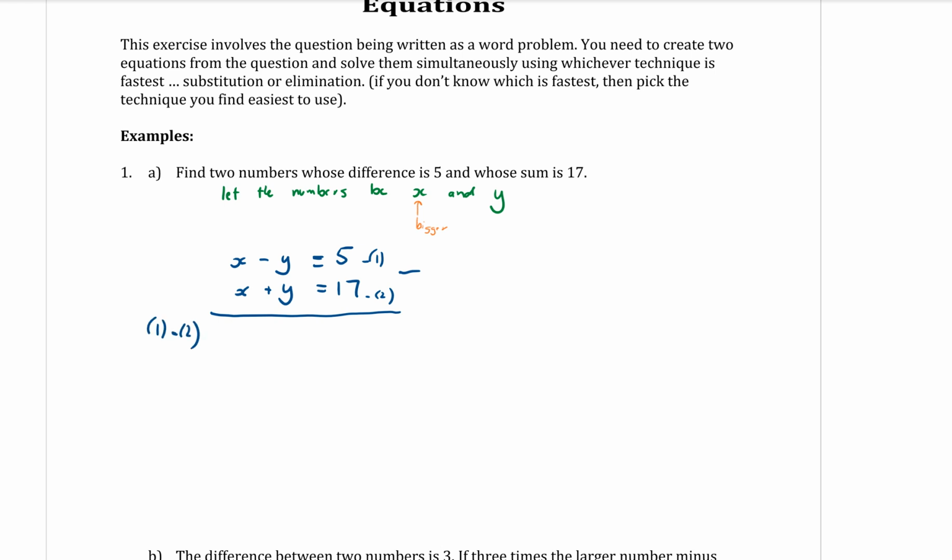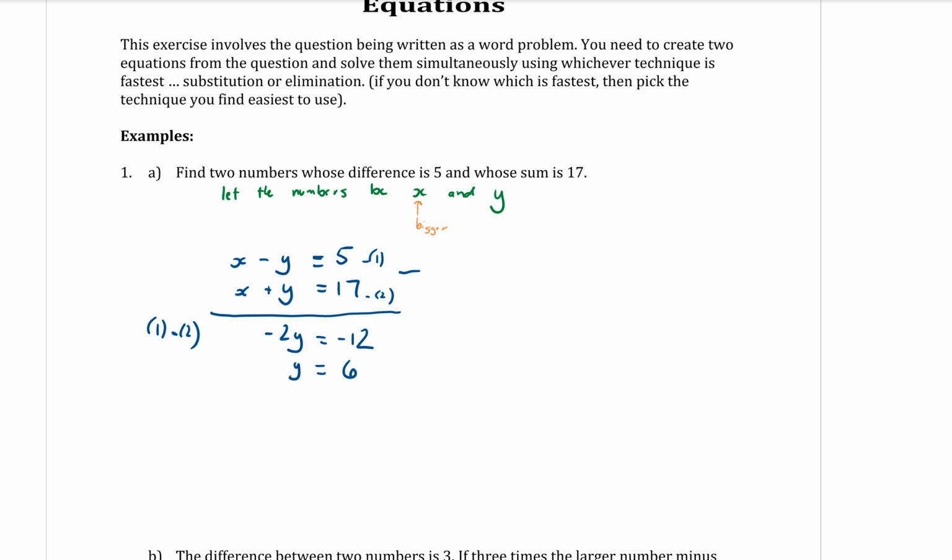So x minus x makes nothing. So they're going to eliminate. Minus y minus another y is minus 2y. 5 minus 17 is minus 12. Okay? Divide by negative 2. And I get y is equal to a positive 6.